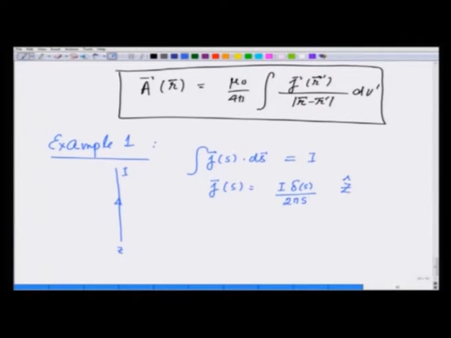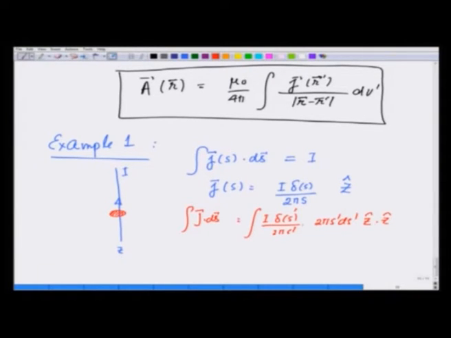Let us check if this is correct. If I take this area across the wire, J dot ds gives me I delta(s prime) over 2 pi s prime, area is going to be 2 pi s prime ds prime z dot z, because area is in the z direction.